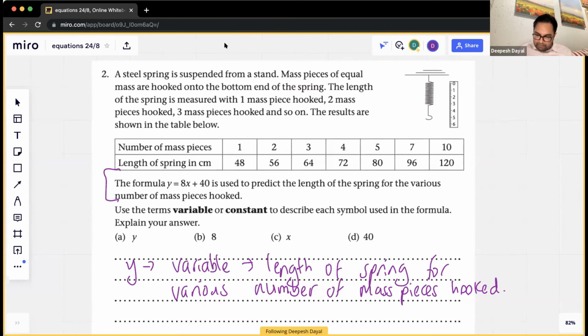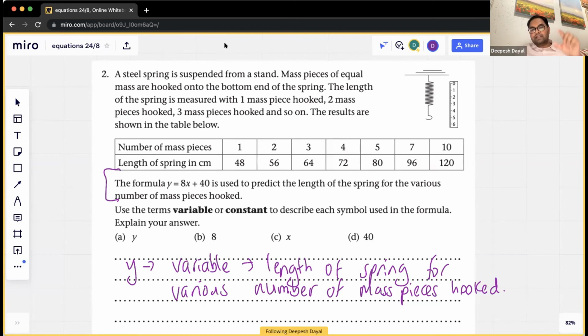So if you've got number of mass pieces 1, 2, 3, 4, 5, this tells you the length of the spring. So it looks like it's the length change of one mass piece, because when you put one mass piece, it changes. So the change of length that one mass piece causes. When you put one mass piece, it changes the length by 8.